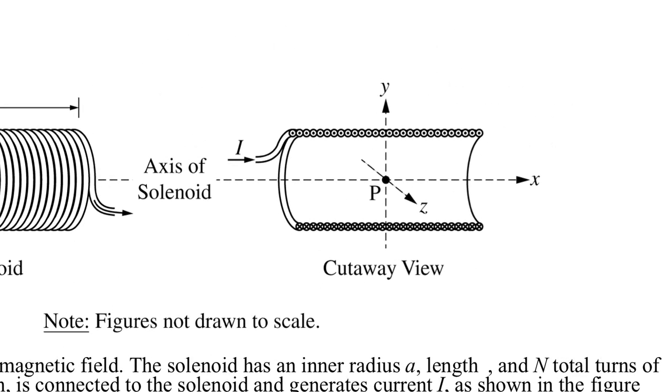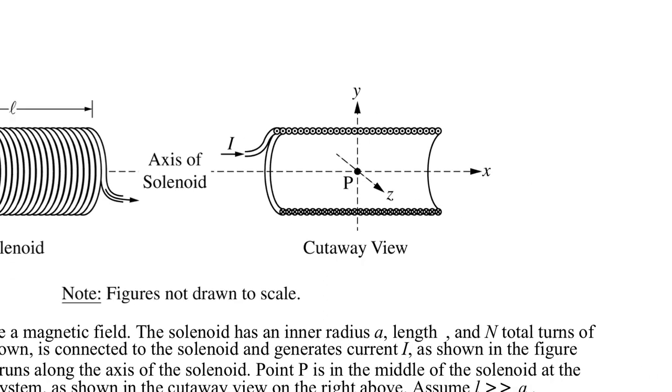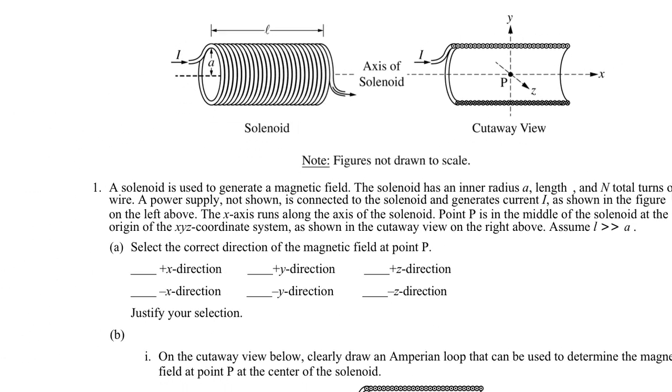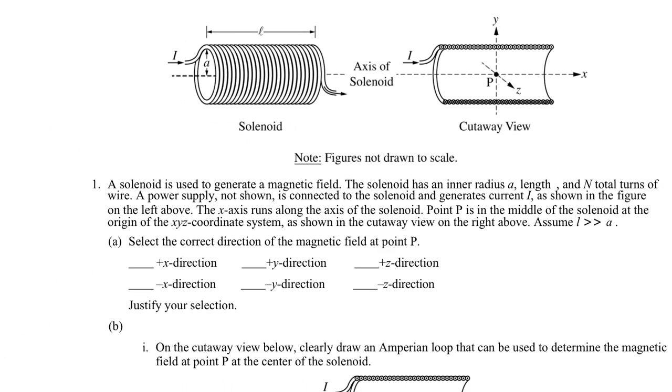The top wires have current coming out of the board and the bottom wires have current going into the board. And we have an X, Y, Z that's plotted on there. It would have been nicer if they had been better about the Z, like maybe saying it's out of the board towards us, as opposed to having that Z at some kind of weird angle. It just seems more difficult than it had to be.